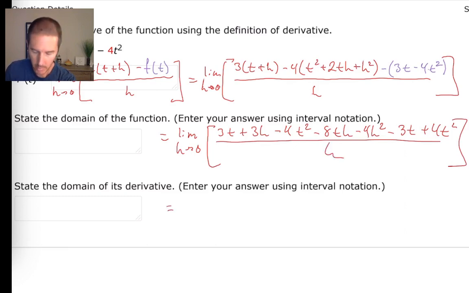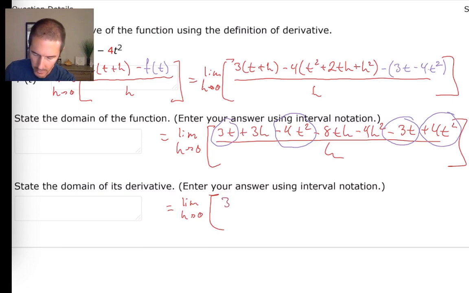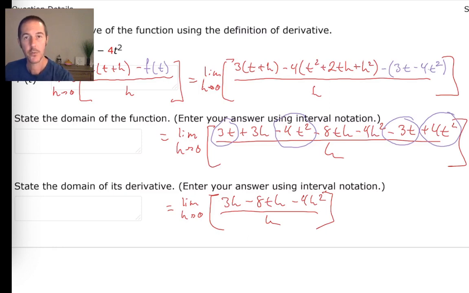equals, let's keep going, the limit as h approaches 0 of positive 3t is canceling with the negative 3t, minus 4t squared is canceling with the positive 4t squared. So all we have left is a positive 3h minus 8th minus 4h squared, all divided by h. Now I'm going to distribute my division.